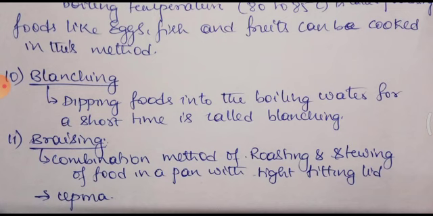And next one is braising. It's a combination of roasting and stewing of food in a pan with a tight fitting lid. In upma, you can see a combination method.